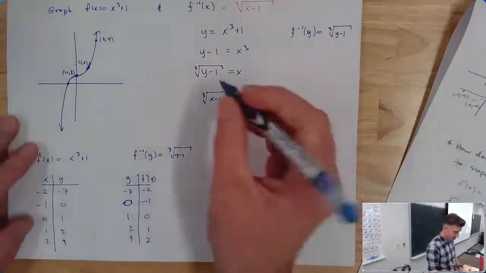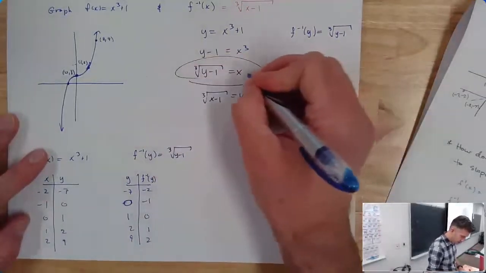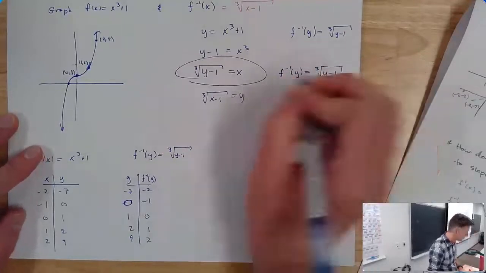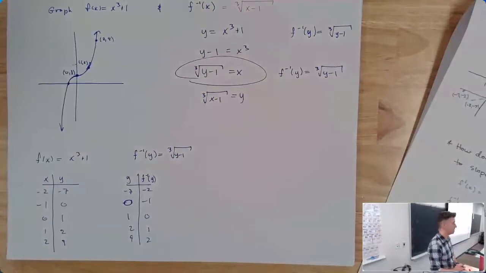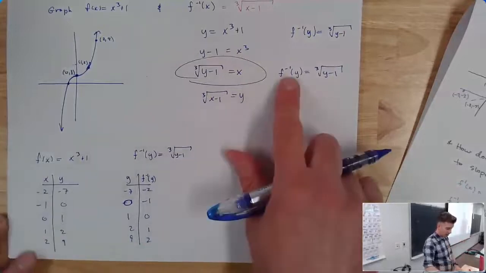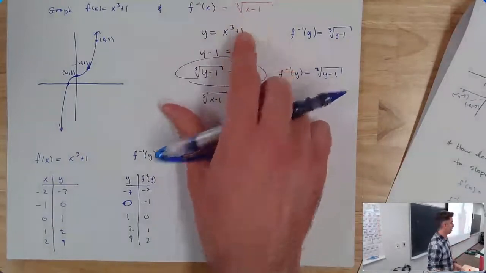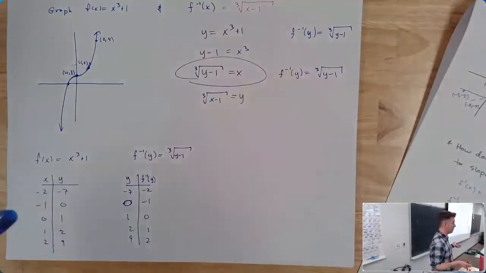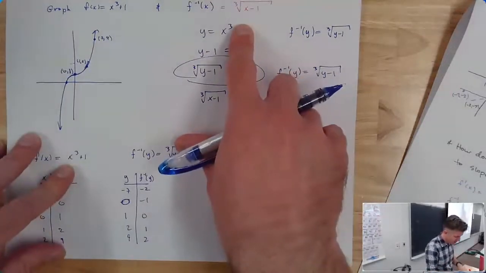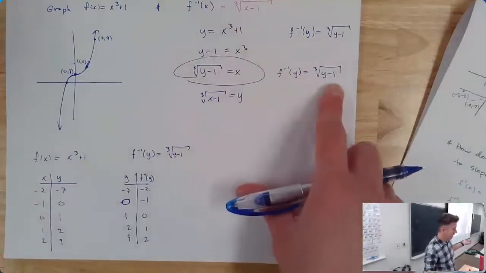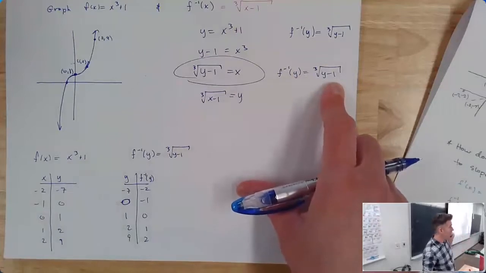Right. You could have totally stopped right here and said f inverse of y equals the cube root of y minus 1. That would be not what we show, right? Yes. Now the idea is no matter which way you write it, your function is the cube root of blank minus 1, the cube root of your input minus 1. So you should think of putting something in there as your x value, even if it says y, and what you get out is your resulting y value.